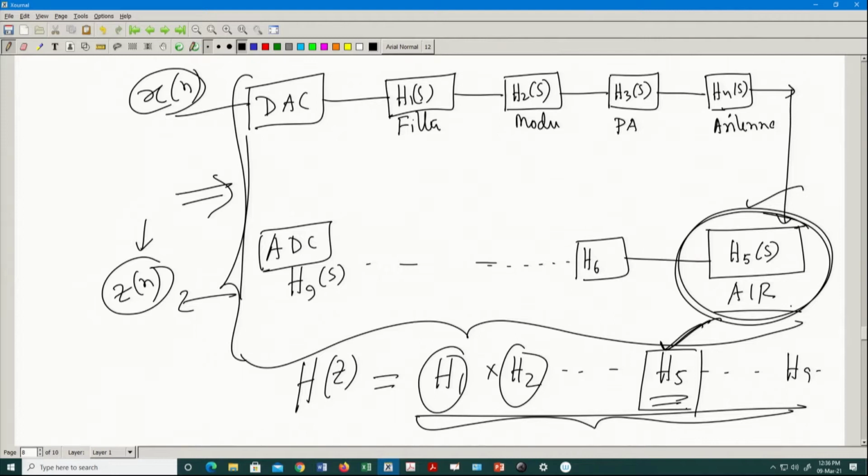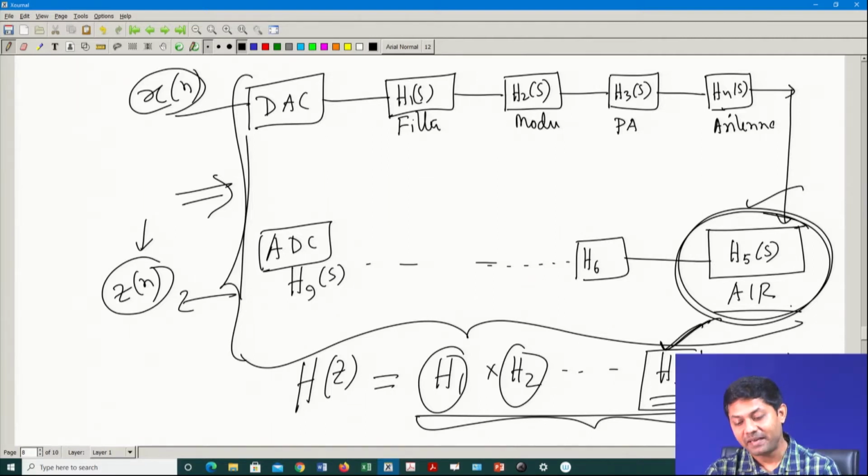But when you say channel, it does not mean that the other components are useless, no, because depending on the frequencies, each and every component will have a different behavior. For example, this modulator, or the demodulator at the receiver, will have completely different characteristics when you change the RF band.